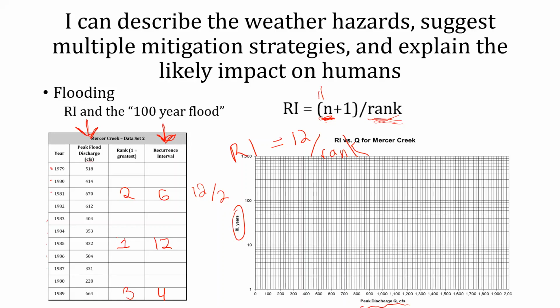And keep in mind that the y-axis is logarithmic, so that means it goes 1, 2, 3, 4, 5, 6, 7, 8, 9, 10, 20, 30, 40, 50, 60, 70, 80, 90, 100, 200, 300, 400, 500, and so on. Okay, so that's how that logarithmic scale works, so watch out for that.